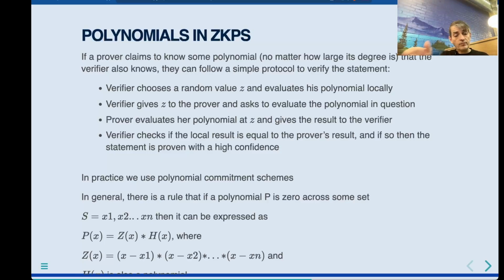Now, if the verifier chooses these values at random from a sufficiently large choice, from a very large finite field, then this gives us some useful properties. What this means is that they can very quickly decide whether this proof is correct or not. They don't have to do lots of evaluations. They can very quickly decide whether the proof is correct. Okay.